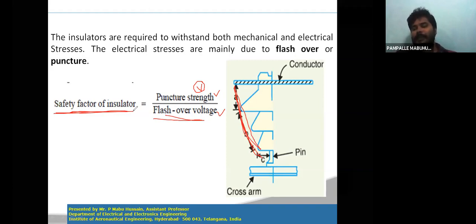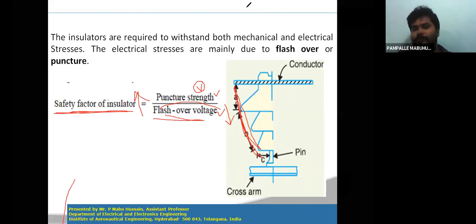Whenever the safety factor is high, the flashover voltage will be low. That means before puncture happens, the flashover will occur across this insulator, so the insulator will not be damaged.